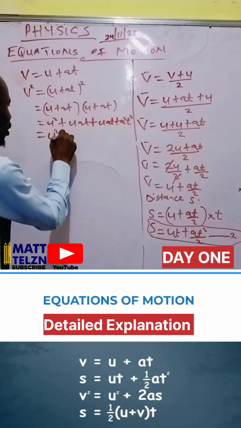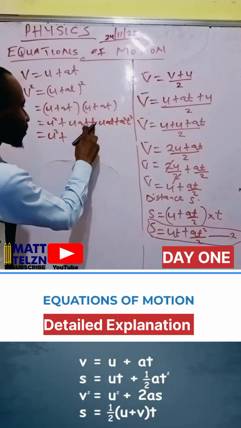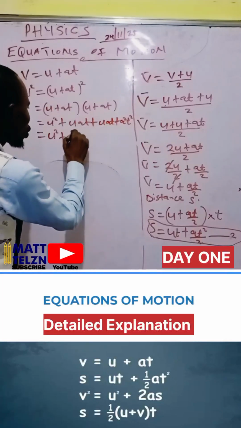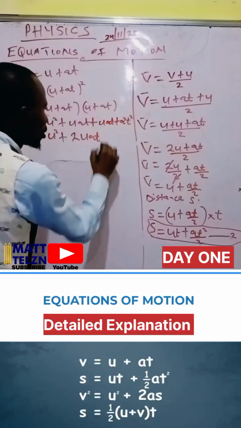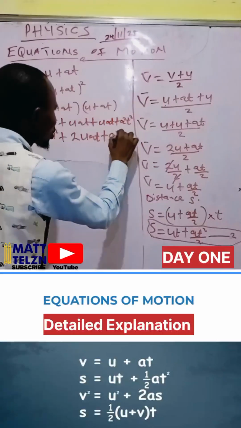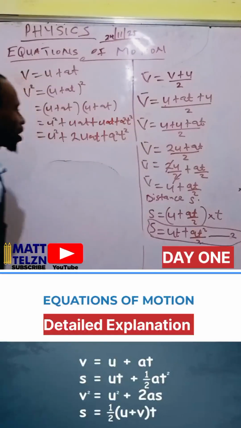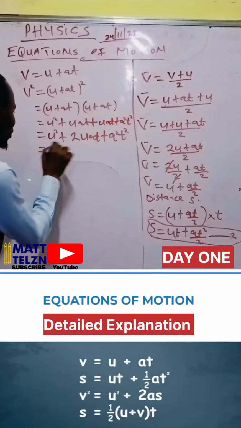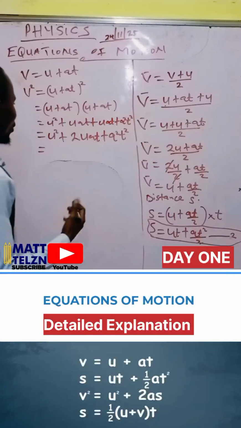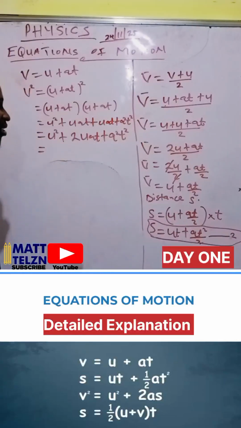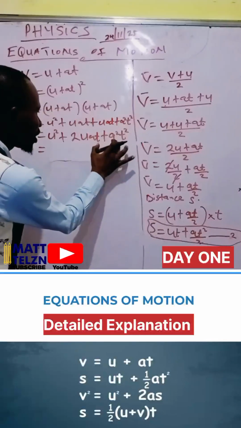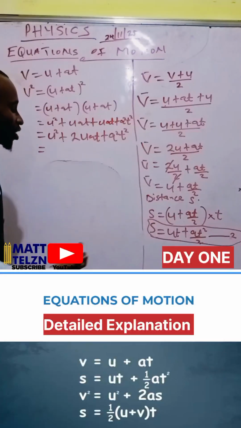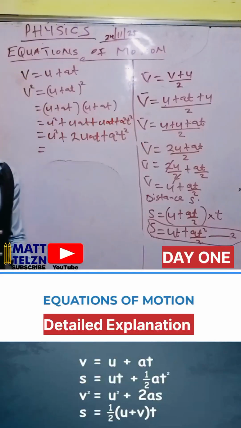I have u squared here, plus uat plus uat, which is 2uat, plus a squared t squared. Good. Now what we are going to apply here is factorization, right? That is, what is common here and here.